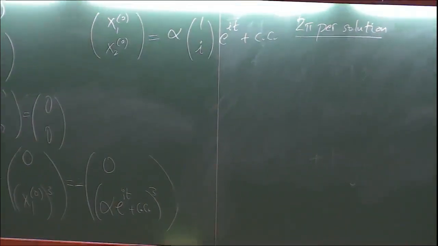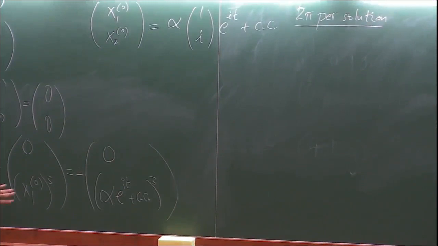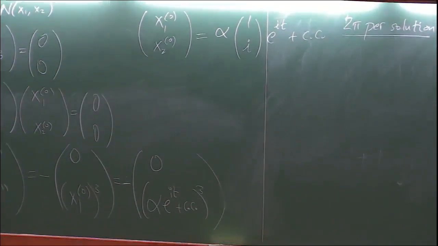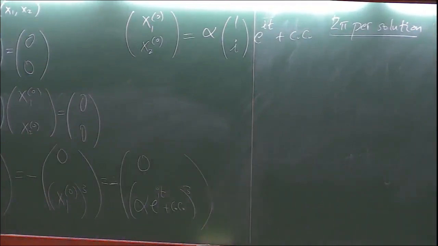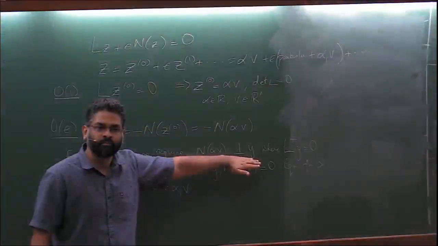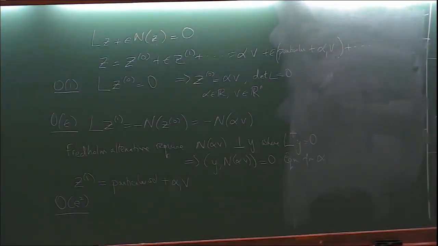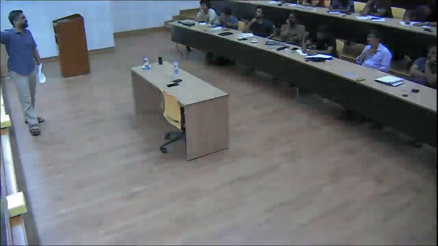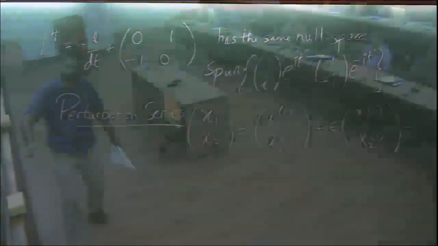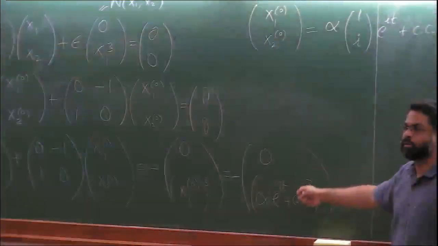What do we need to do at this stage? We need to make sure that the right-hand side of this equation is in the right space. We need to make sure that the right-hand side is perpendicular to elements in the null space of the adjoint. We have elements in the null space of the adjoint. So we need to make sure that this object is perpendicular to both.